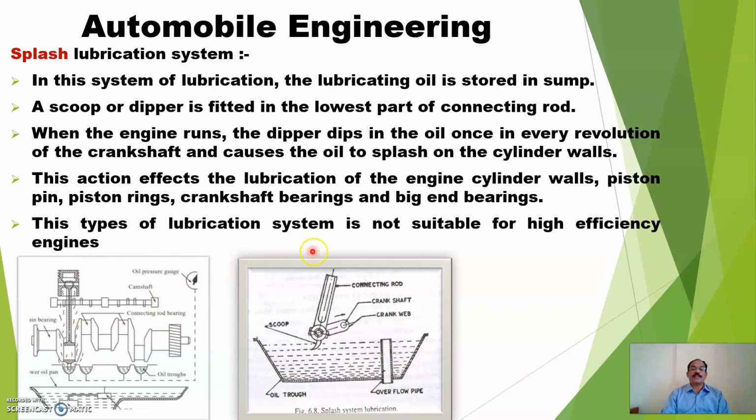This type of lubrication system is not suitable for a high efficiency engine. This is the main disadvantage, because this is not a guaranteed lubrication system. Splash oil may or may not reach the component, so this is not used for high efficiency engines.